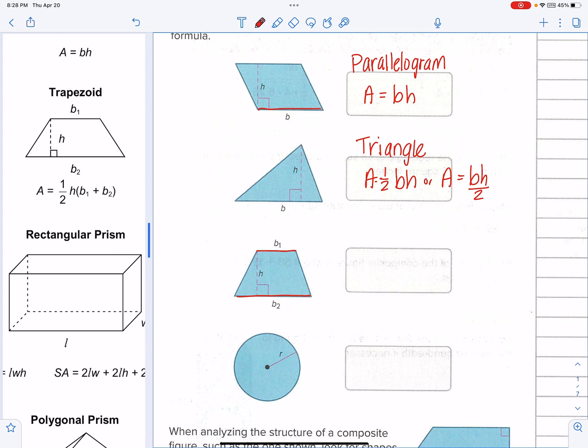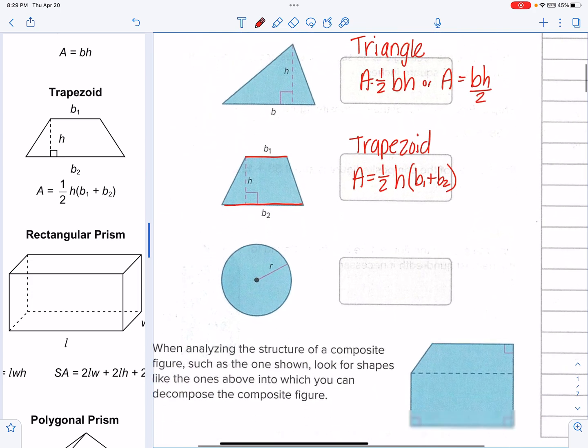And so we have trapezoid, and our formula for trapezoid is area equals 1/2 base times height. But the base, there's two of them, so we do height times b1 plus b2. Really it's 1/2 base times height, but you have two bases there.